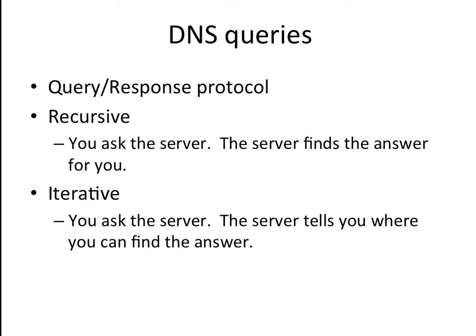And you'll ask the root name server, and the root name server will say, I don't know, you should go ask the .edu name server. And so then you ask the .edu name server, and the .edu name server says, I don't know, you should go ask the hack.edu name server. And then you go ask the hack.edu name server, and then it finally tells you, oh yes, here's the answer you're looking for. So if you're looking at an iterative query, then you are going to ask your server and then some other number of servers before you see the actual response.